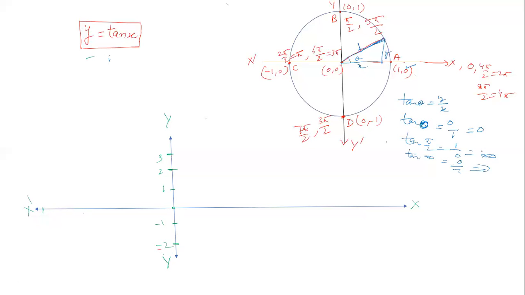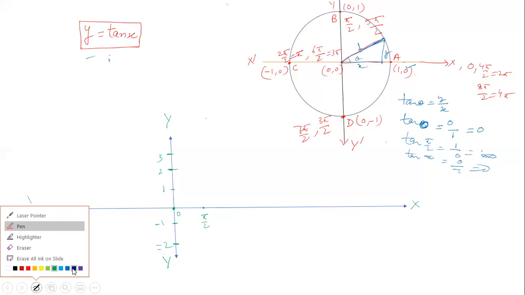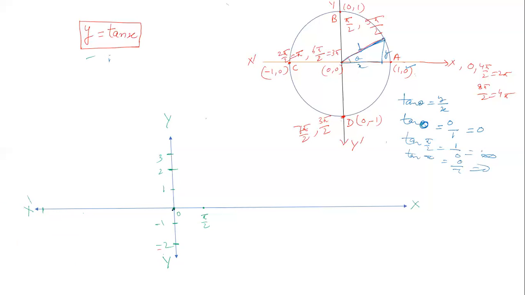And here it is 0, that is the origin. Say this is a point, so this is pi by 2. This is 0, this is pi by 2. Then next is pi, that is 2 pi by 2, that is pi.